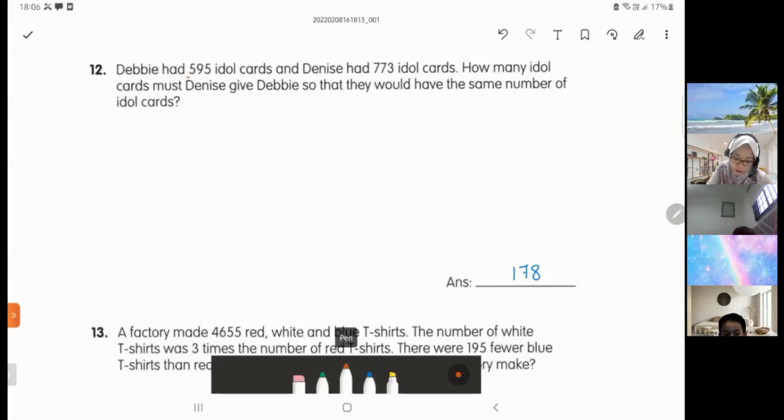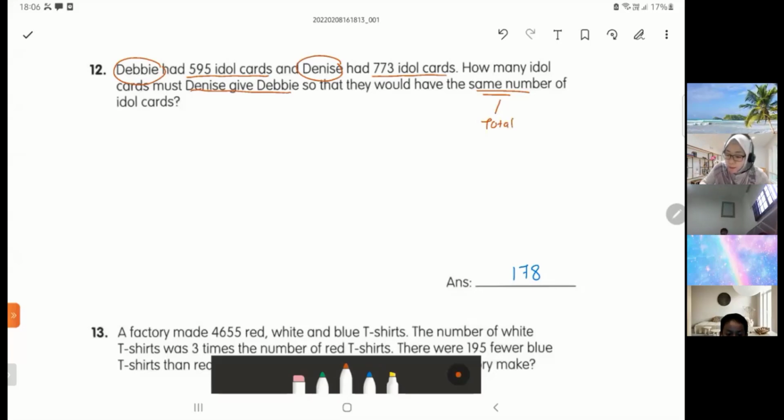Debbie had 595 idle cards. This is Debbie. And then Denise had 773 idle cards. How many idle cards must Denise give to Debbie so they would have the same number of idle cards? To have the same number, you must understand that we need to find the total first.